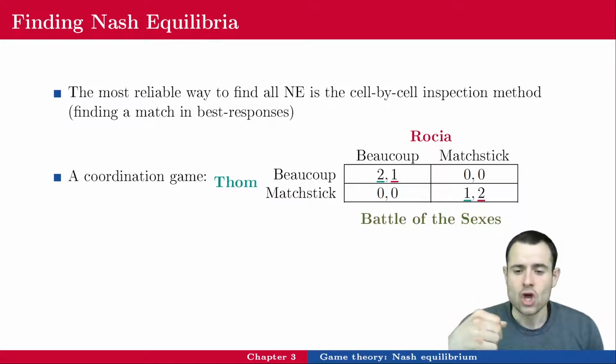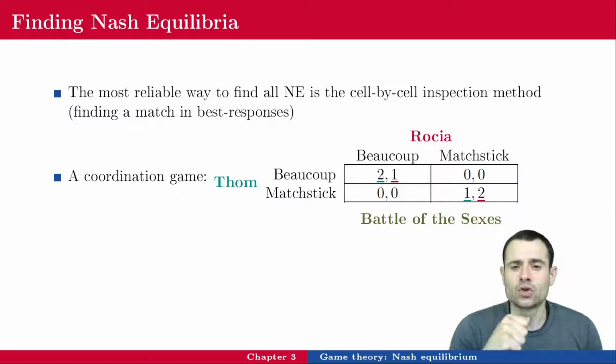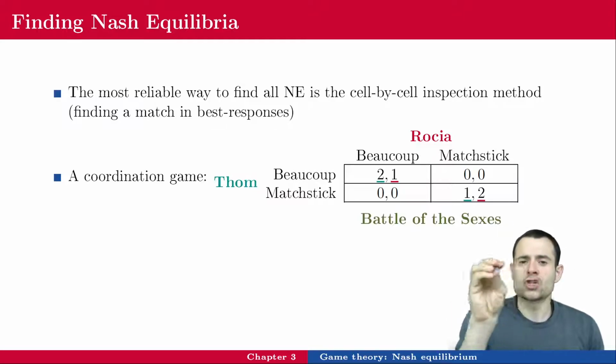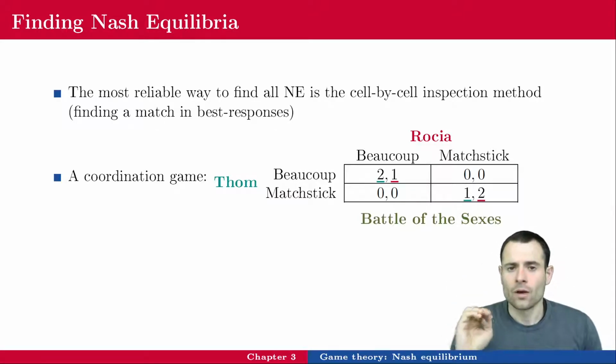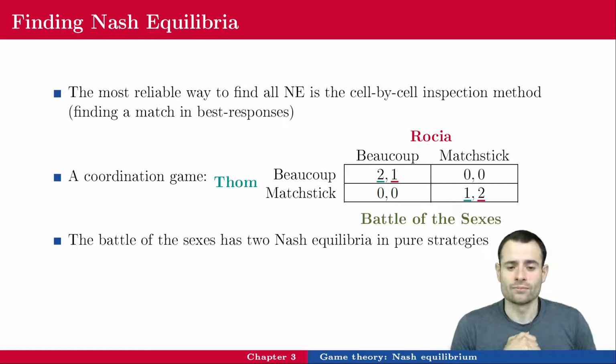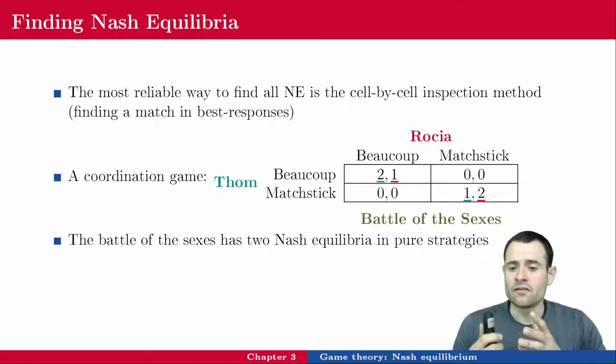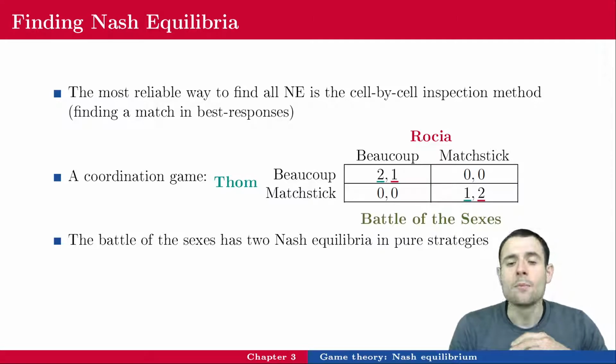So if you are dealing with a 2x2 game, or at least a 2-player game, then you can just underline the payoffs when there are best responses, and that will get you all the Nash equilibria. Here we have 2 of them. In fact, they are Nash equilibria in pure strategies.